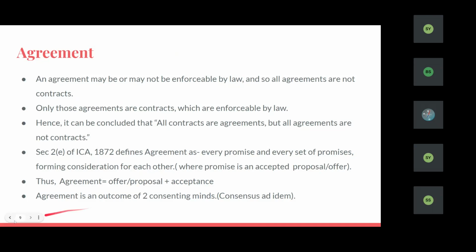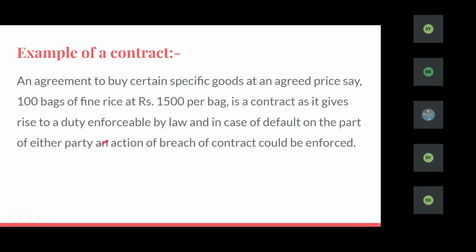In our previous example, 100 bags of fine rice at rupees 1500 per bag, you understood it in the same fashion, and the seller has also agreed. Only then did the contract come into the picture. Imagine you agreed for 1500, but the seller says he is not going to sell for less than 2000 per bag.